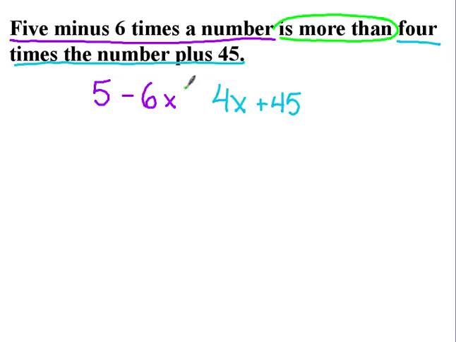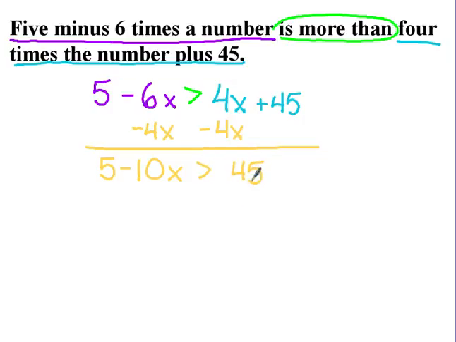Greater than sign, and that's the one that points to the right. So there you go. So now what I need to do is solve that inequality. In order to solve that, I'm going to subtract 4x from both sides. So on the left, I have 5 minus 10x is greater than 45.